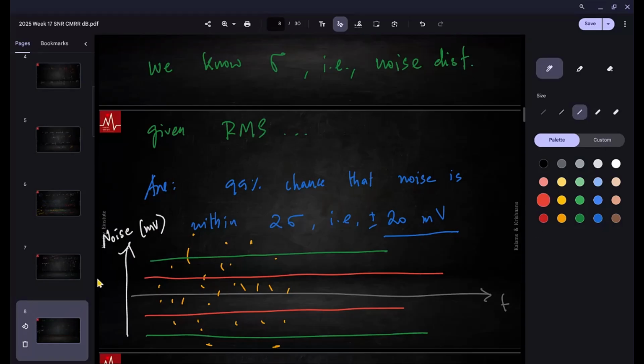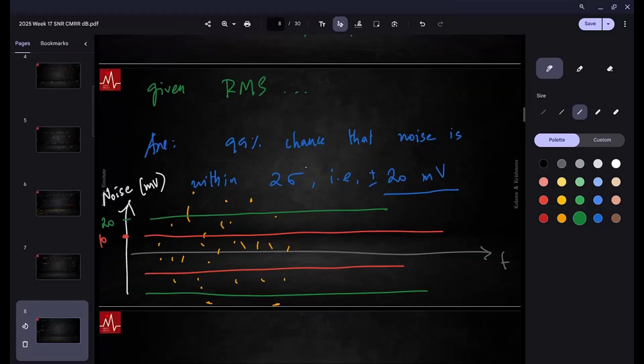This mark is 10 and this mark is 20. So noise will be oscillating. It's a time series. 68% of the time it will be within the orange lines. 95% of the time it will be within the green lines. Make sense? And this value is 0. If it is noise, this mean is 0.